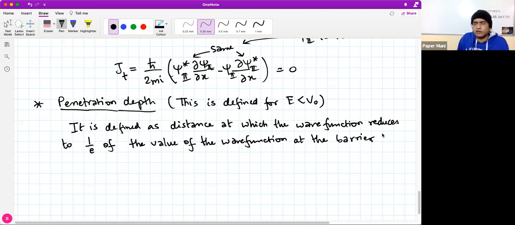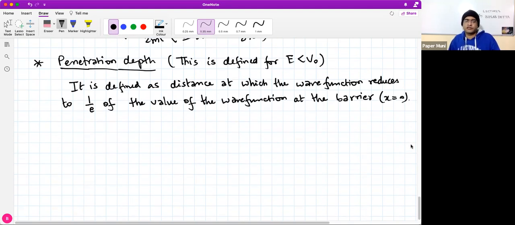The barrier is at x equal to 0. So it is defined as the distance at which the wave function reduces to 1 by e of the value of the wave function at the barrier.